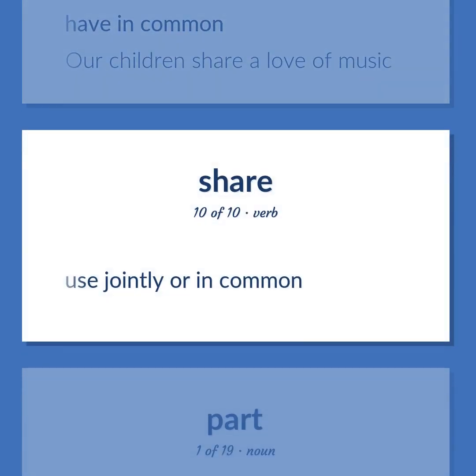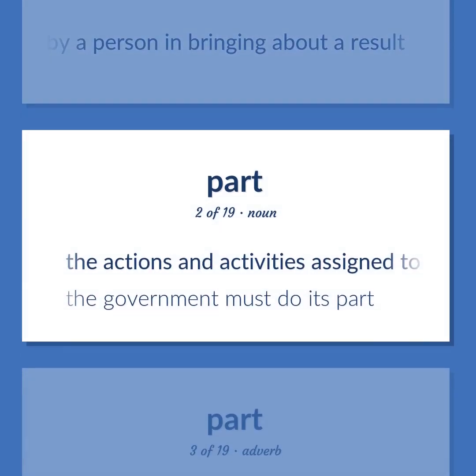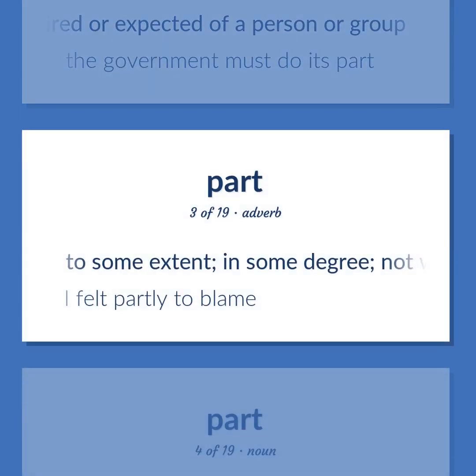Use jointly or in common. The effort contributed by a person in bringing about a result. The actions and activities assigned to or required or expected of a person or group. The government must do its part. To some extent, in some degree, not wholly. I felt partly to blame.